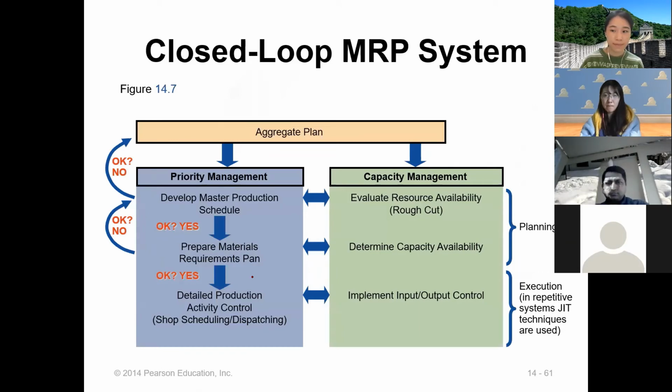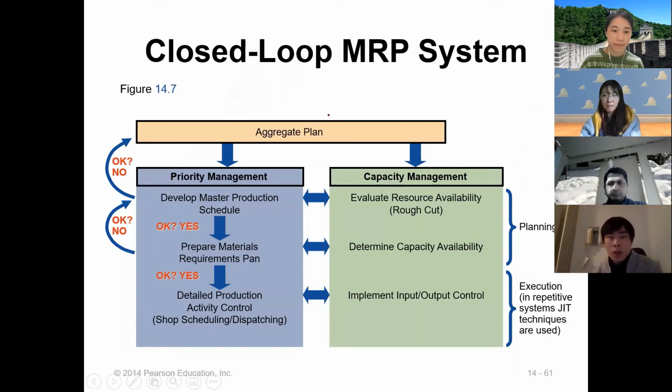Now, the MRP system must be closed loop. That means it will start from aggregate planning and you will go to priority management, because when you order certain products, you must actually decide. That's what we call priority. Decide which order to deliver first, when to order.